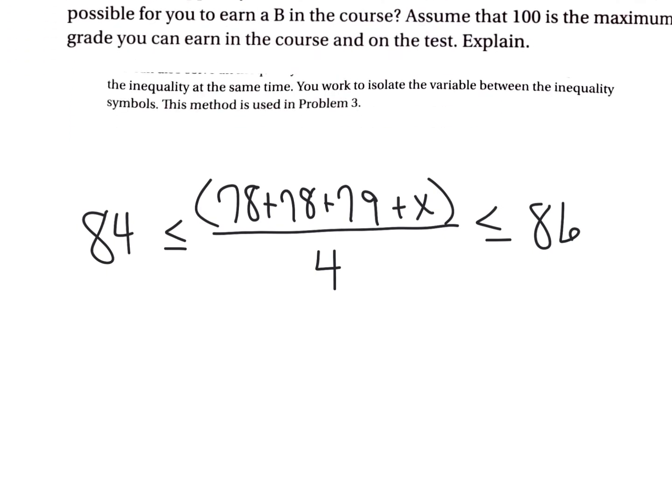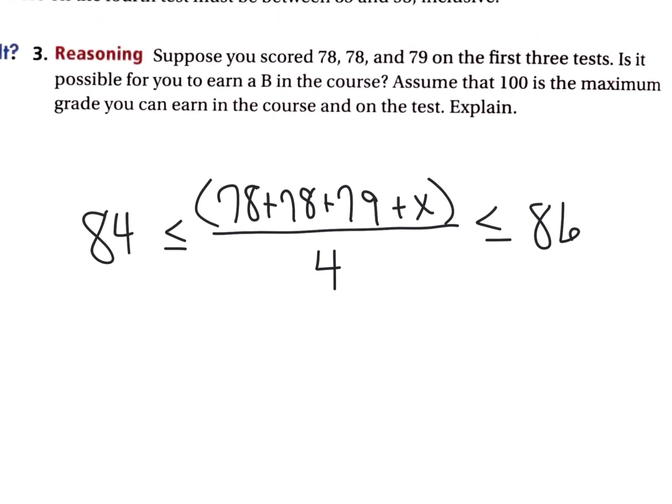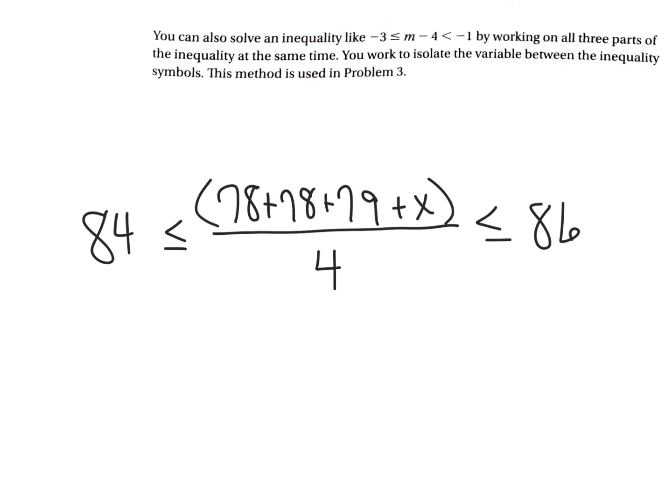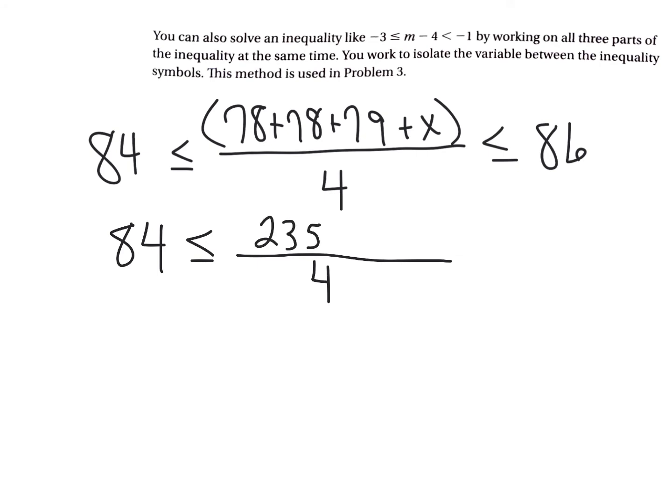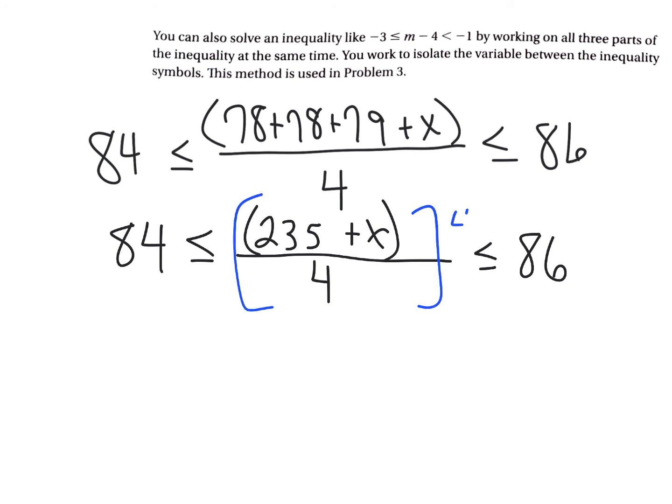So this is really not much different. If you just follow along here, it's really the same process as what we did before. We're going to add 78, 78, and 79 together, so that'd be 235. Then we'd want to get rid of the fractions, so we'd multiply all 3 parts by 4.